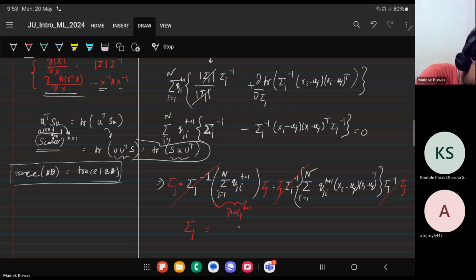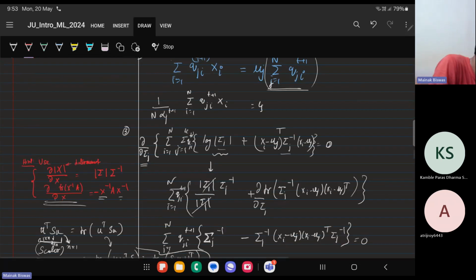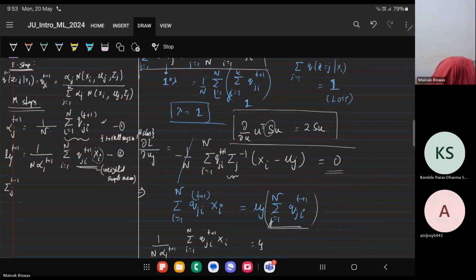So 1 by lambda alpha j at t plus 1 times the sum over i of q_ji at t plus 1 times (xi minus μj at t plus 1)(xi minus μj at t plus 1) transpose. See, it's again the weighted covariance matrix, right? Same thing.